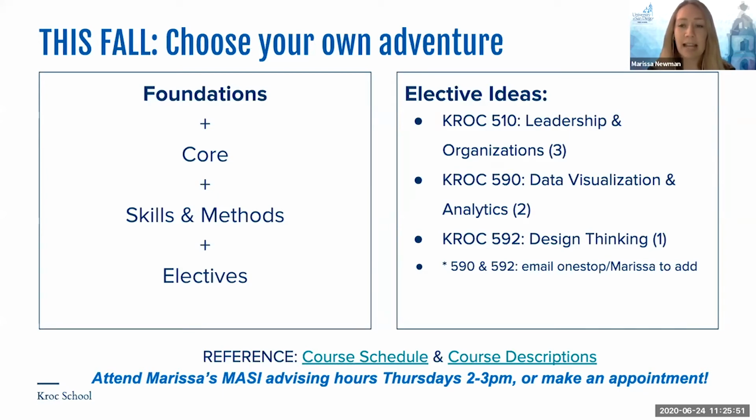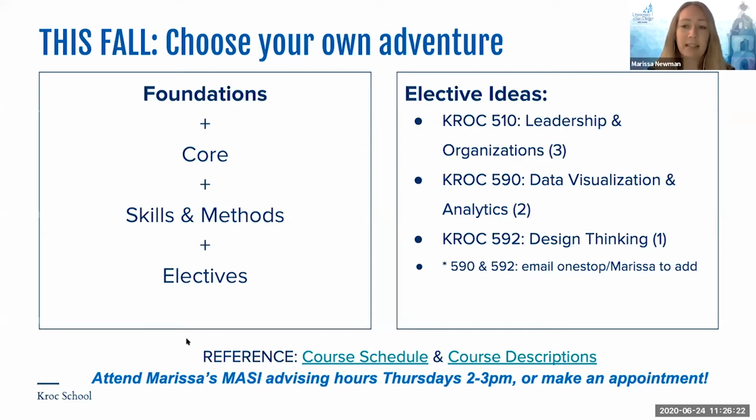So here I've highlighted just some elective ideas. We have so many, so please reference the course schedule and the course descriptions, which are hyperlinked on this slide, which you'll receive. They're on our student resources site. We have the course schedule for intersession and summer or spring as well. And so you'll be able to try to map your path as much as possible. But here I just wanted to highlight that we have electives that are 3 units, 2 units, and 1 unit.